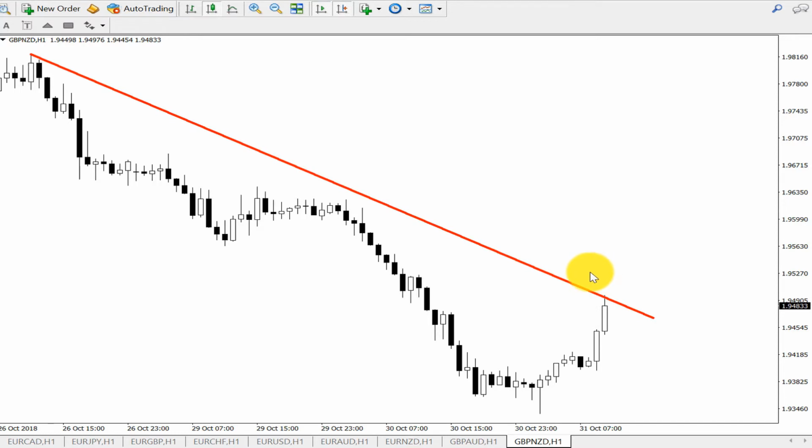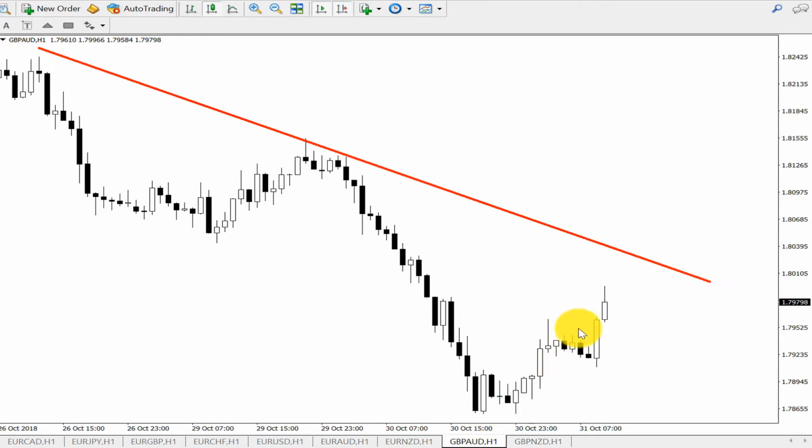If we gather this information in our mind, we will trade with it. At the very beginning of the day, by spending just 30 minutes, we can conclude that GBP is weak, Australian dollar is strong, GBP is weak and New Zealand dollar is strong.